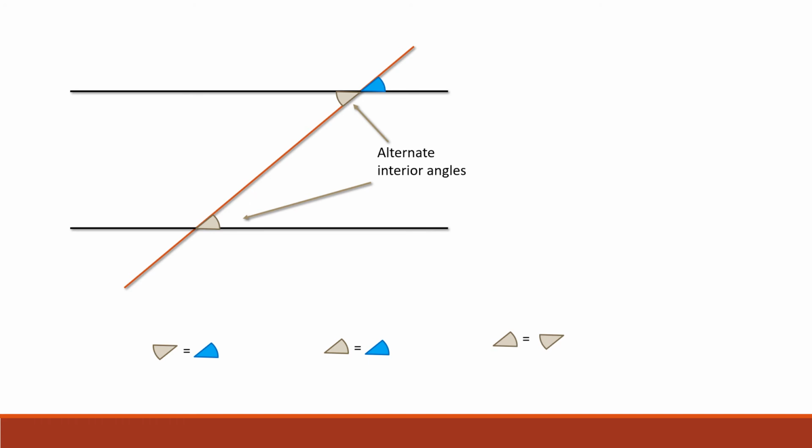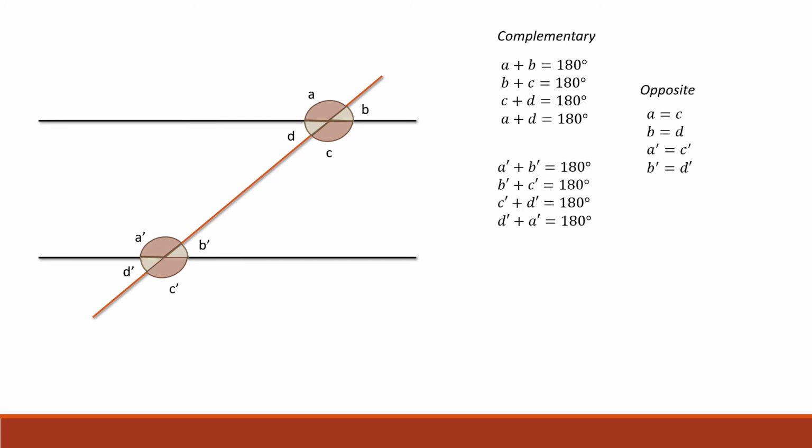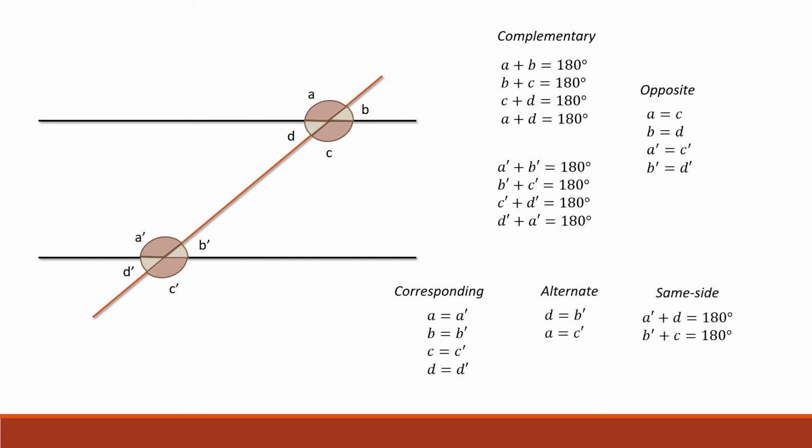Again, this isn't the only way of showing something is true. You can pick some other angles to compare, but it illustrates how forming a chain gives you an actual proof, starting from one of the facts and leading to another. In general, if you have a pair of parallel lines, you get a large list of relationships to work with, starting with supplementary angles, opposite angles, corresponding angles, and alternate and same-side interior angles.